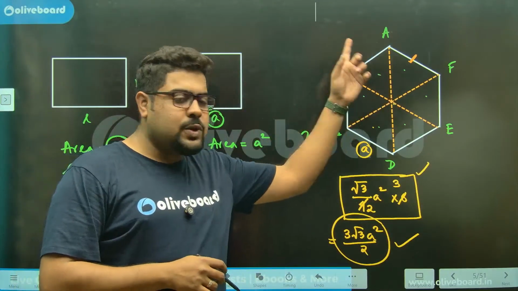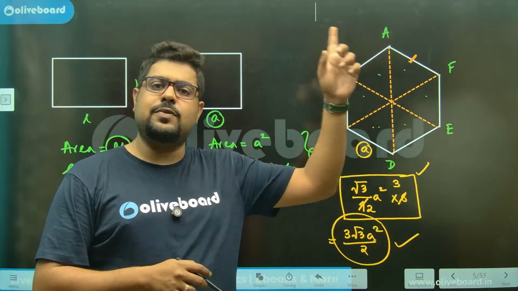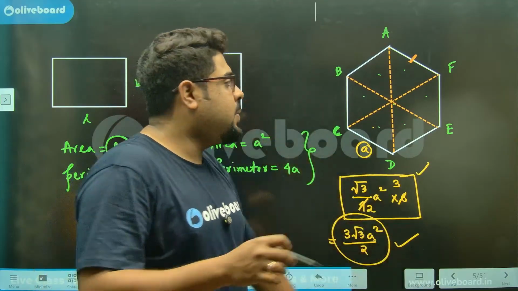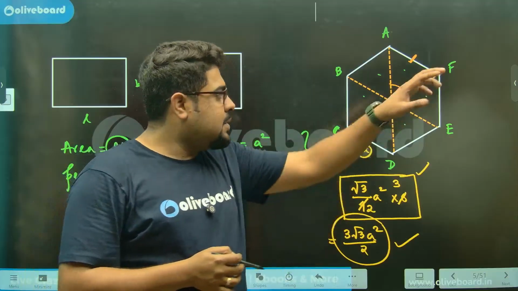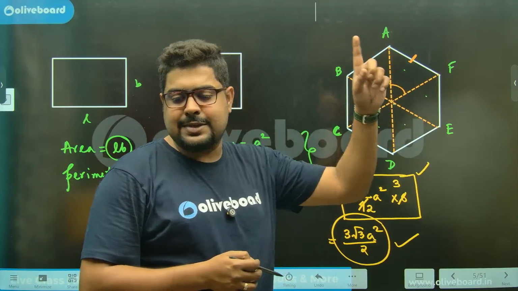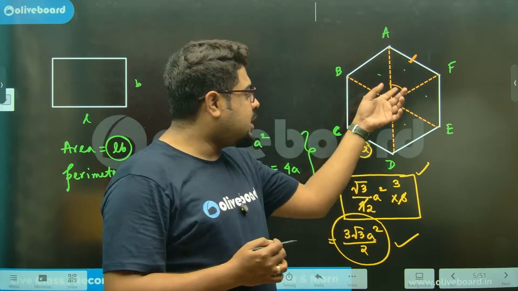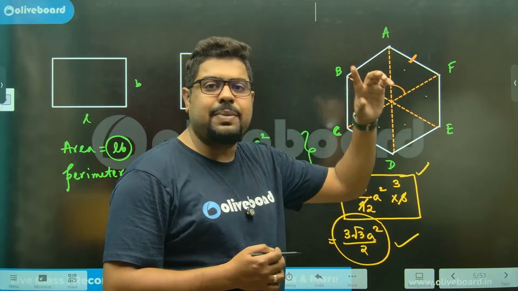Now, in case of hexagon, we get equilateral triangles. Why? Because this angle also becomes 60 degrees, because the total 360 by 6 gives you 60. If it is an octagon with 8 triangles, it will be 360 by 8.